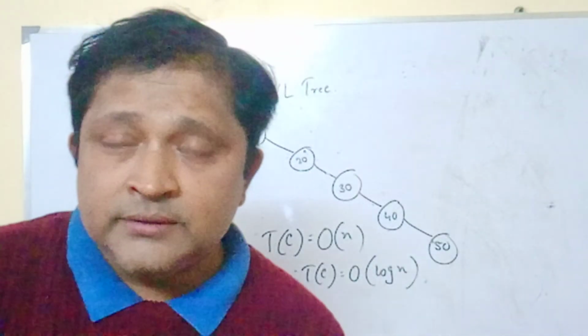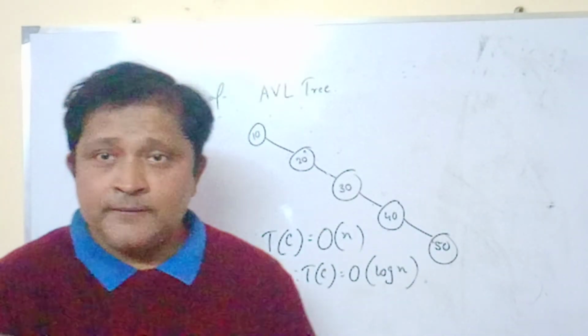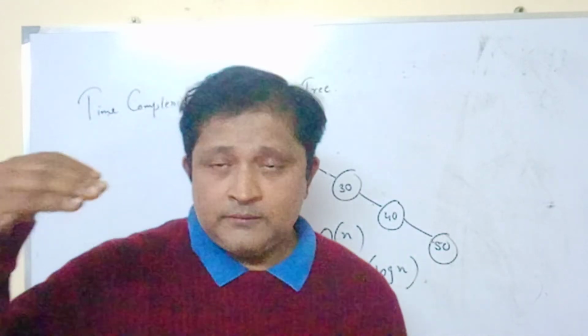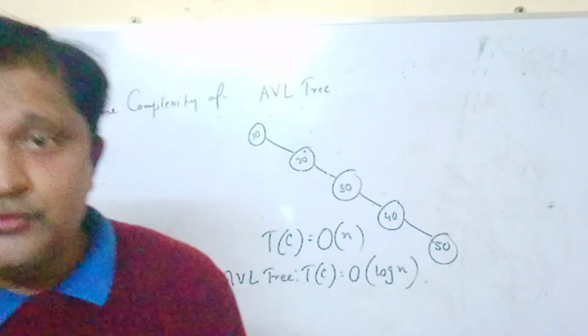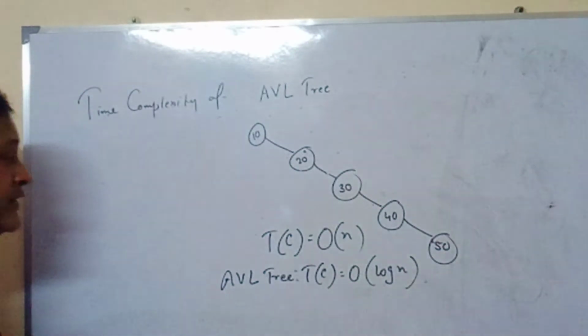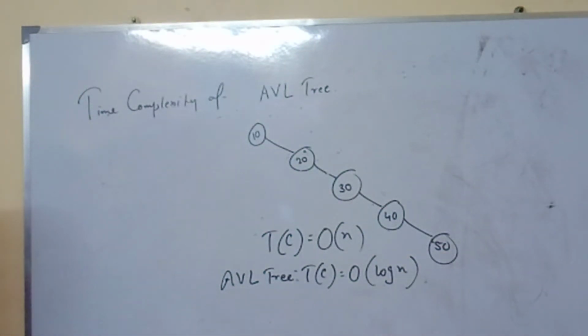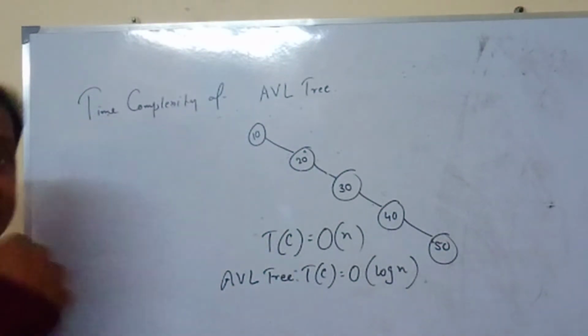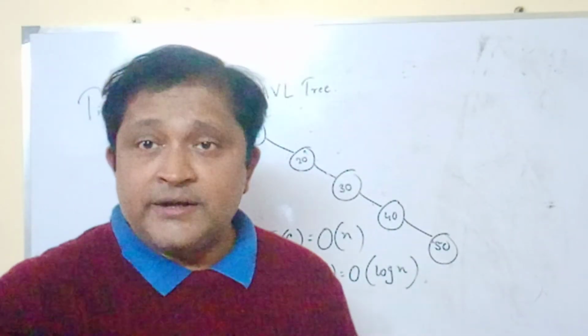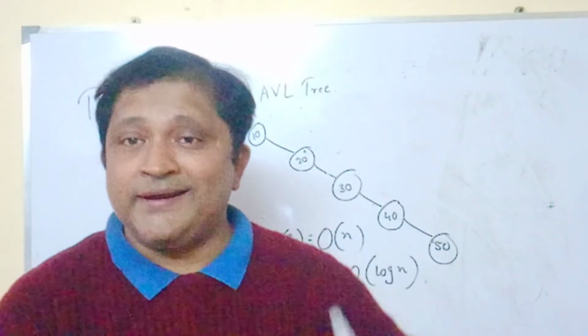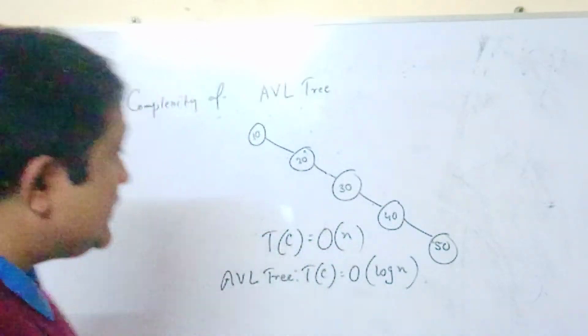And we know that log n is less than n for n greater than 2 or more. As n goes higher, the difference between n and log n will go higher, because log n is less than n.